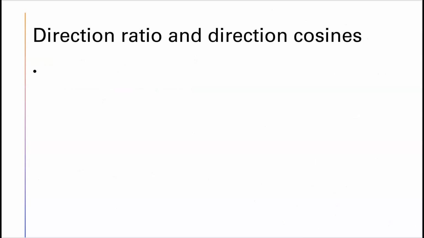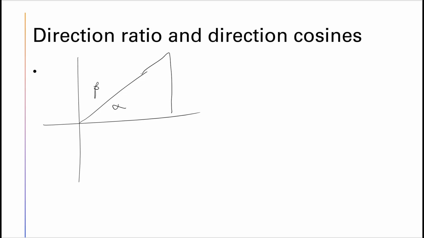There's also some very interesting things that we need to look at, and these are called the direction ratio and cosines. Again, this is covered in the video. And say we've got a length 4 and 5.